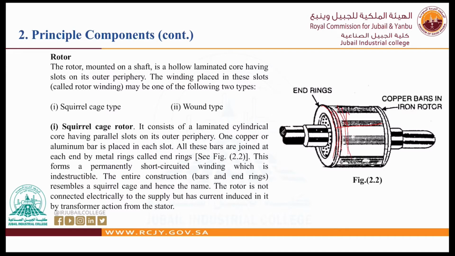So it is cut like this, and it is laminated, and then we will have copper bars like this to connect between them, and end rings to short the aluminum bars, to have a path for the current from the magnetic field of the stator.